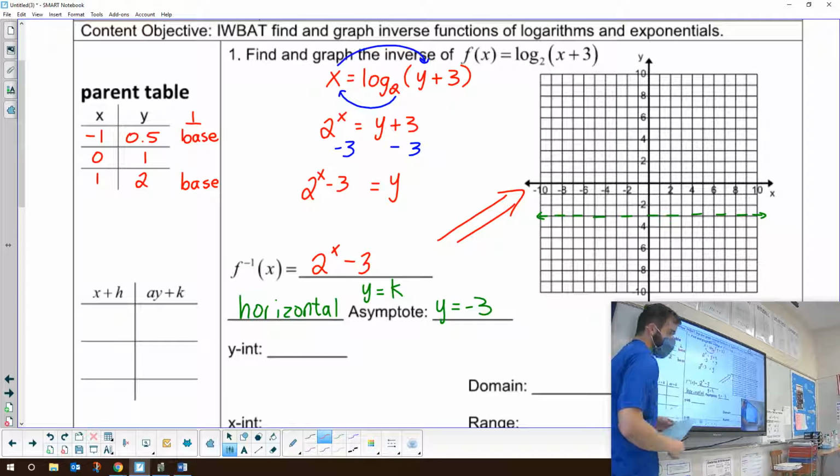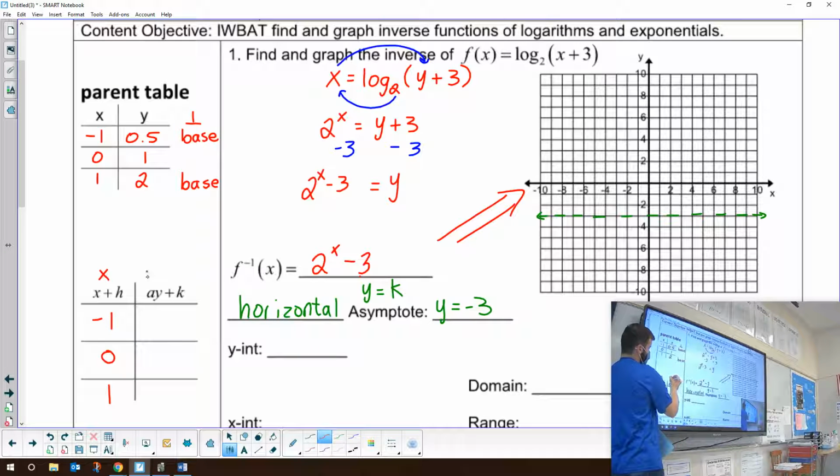Then to get my x values, we add whatever h is. I don't have an h in this equation, so it's just whatever x is. So we just repeat this: negative 1, 0, 1. And then for my y's, we add my k values.